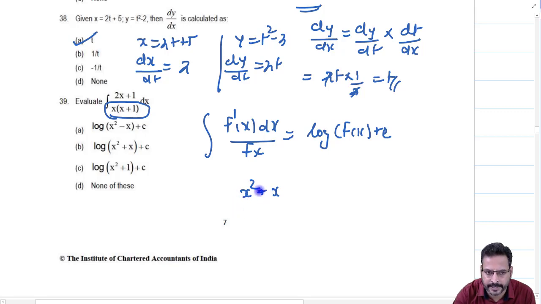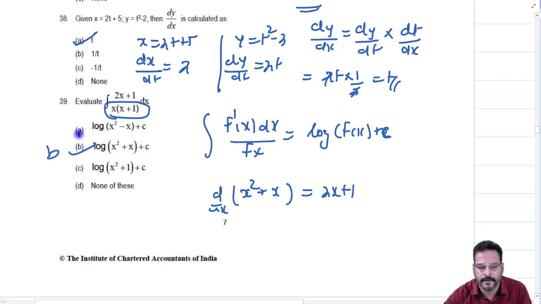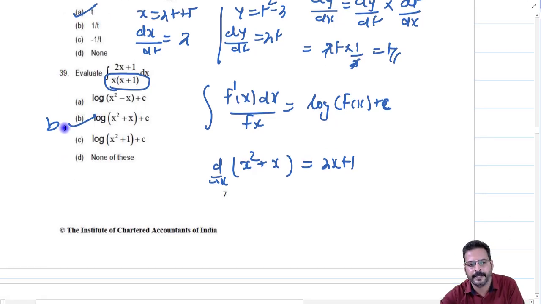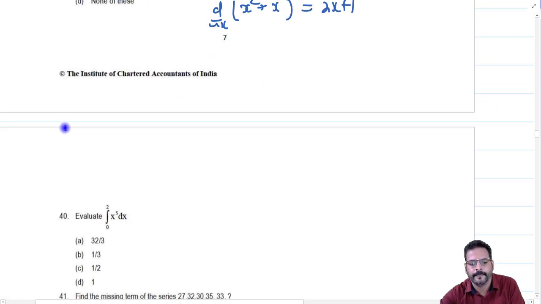If we differentiate, we will get d by dx of x square plus x, 2x plus 1. That means f dash x, the derivative of the denominator, is present in the numerator. Then we can write log f of x plus c. F of x, we know, is x square plus x. Therefore, the answer will be log x square plus x plus c. That means choice B. Then the next question, last question.